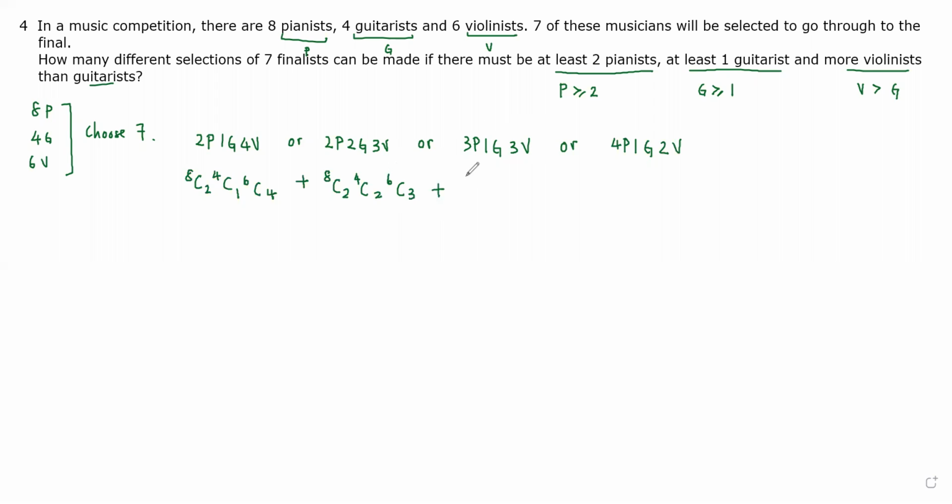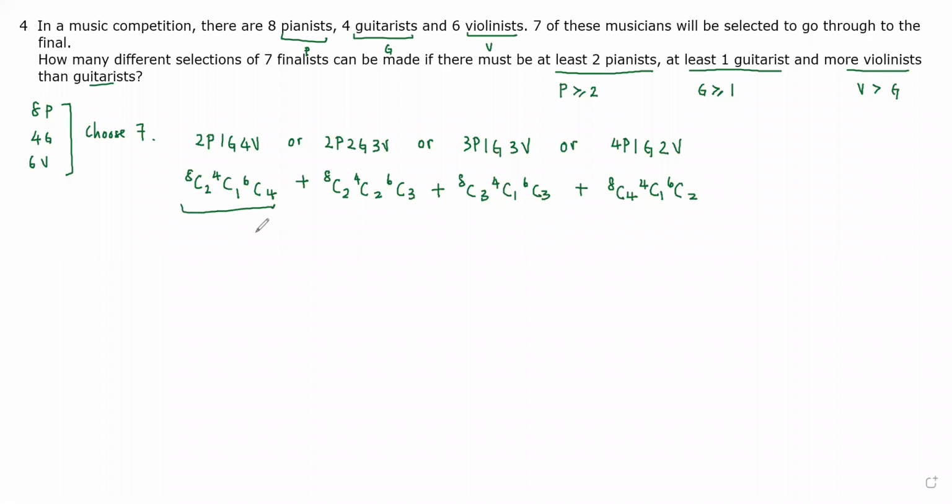And then we also have 3P, so from 8C3, G is 4C1, then we have 6C3. And then we have 8C4, 4C1, and 6C2. So that's first part here.